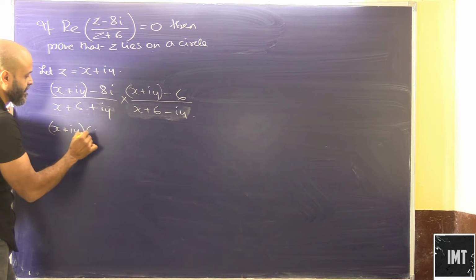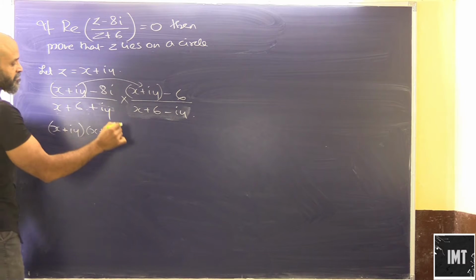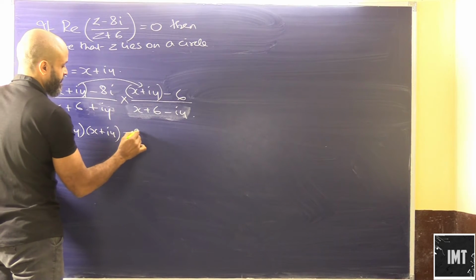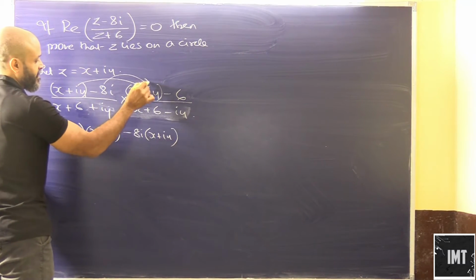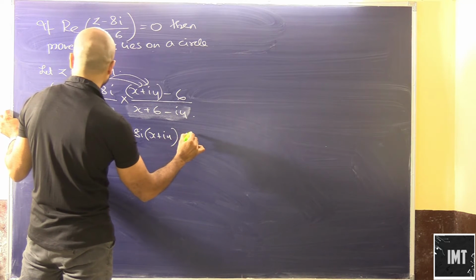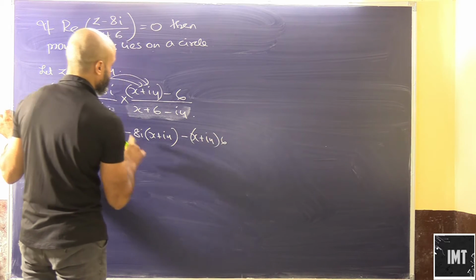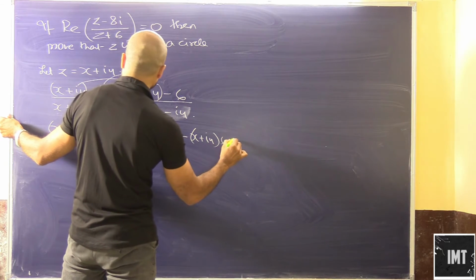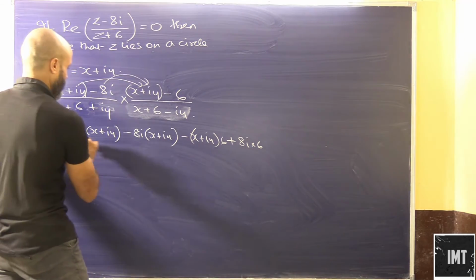So x plus iy into x plus iy, this gets multiplied by this, minus 8i into x plus iy, this gets multiplied by this. Now minus x plus iy into 6, plus 8i into 6.